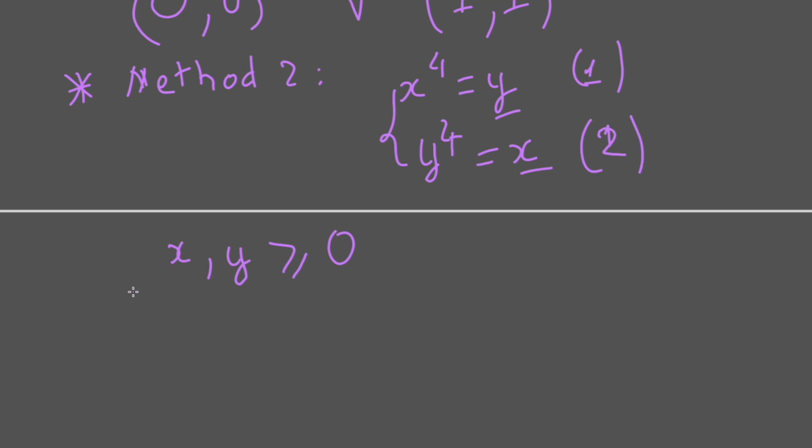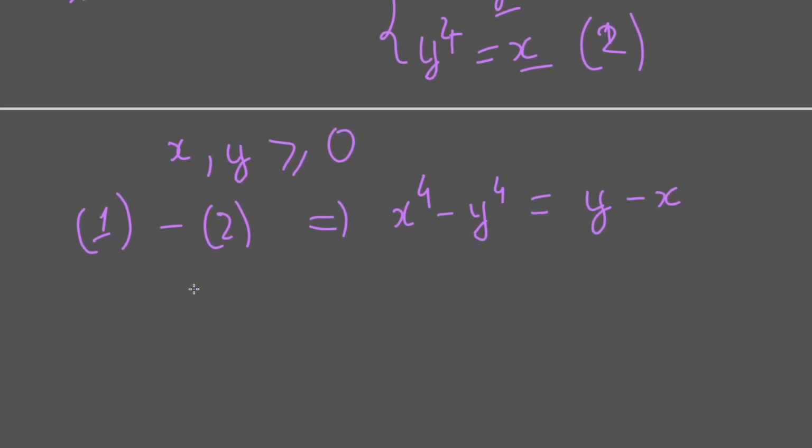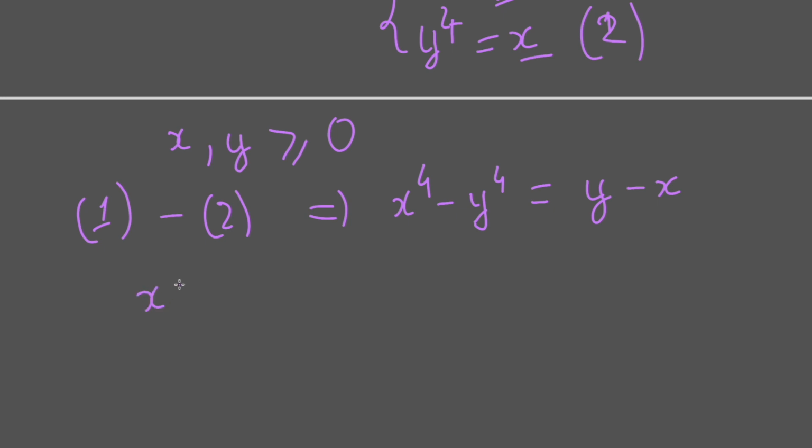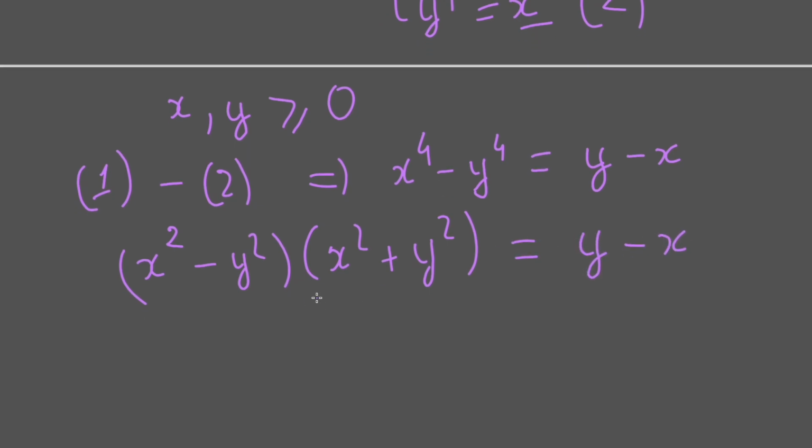Now let's subtract the second equation from the first. Then we have x to the power of 4 minus y to the power of 4 equal to y minus x. And x to the power of 4 minus y to the power of 4 equals (x squared minus y squared) multiplied by (x squared plus y squared), equal to y minus x.